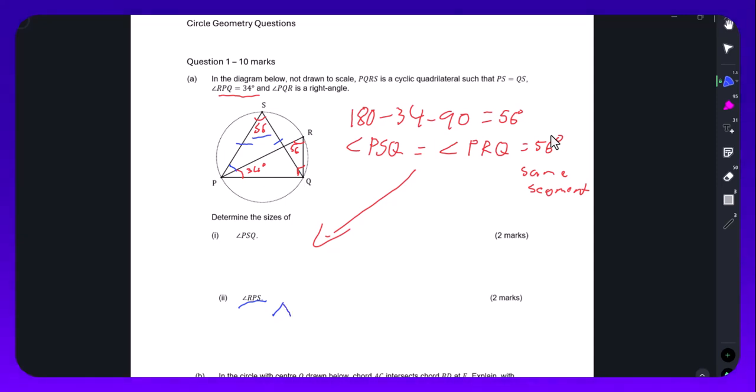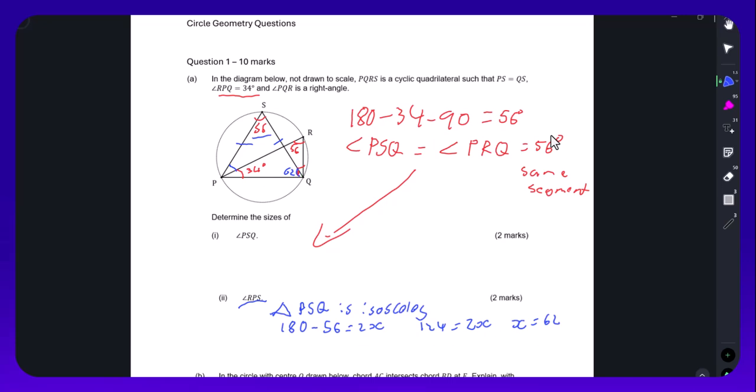So triangle PSQ is isosceles, and therefore 180 take 56 equals 2x. That'll be 124 equals 2x, x equals 62. So each of those angles down the bottom will be 62, and that's within the PSQ triangle.